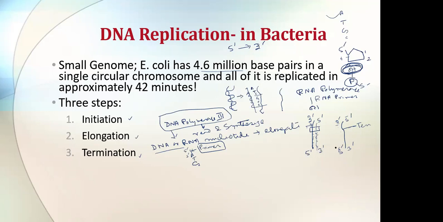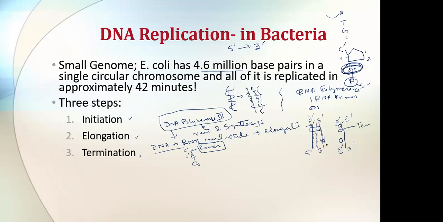So what it does for the other strand is, instead of just one RNA primer, RNA polymerase makes multiple RNA primers.